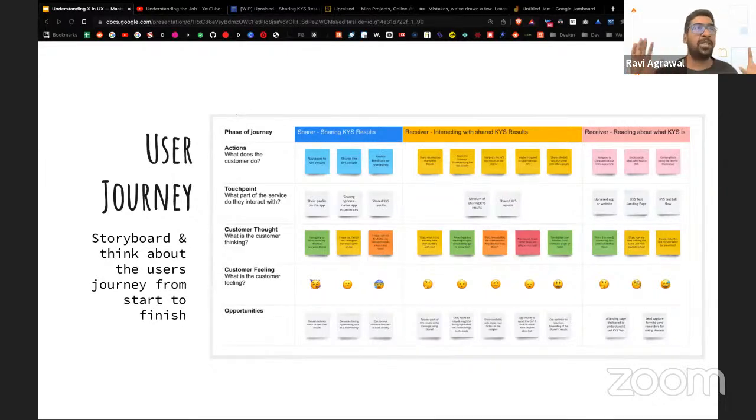We'll go through the details of each one of these things, but I wanted to share that this gives you an emotional understanding of what is happening with the user at different points, and how you can alleviate their fears, as well as how you can make sure that their emotional peaks and highs are something that you record and something that you celebrate, right?